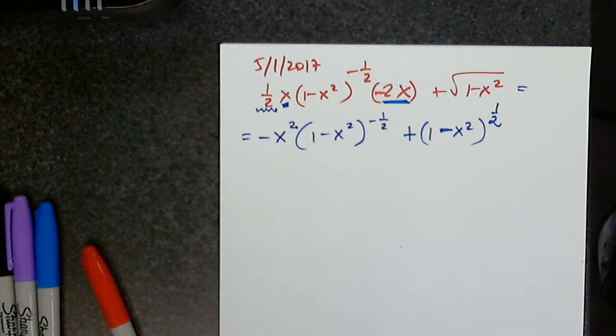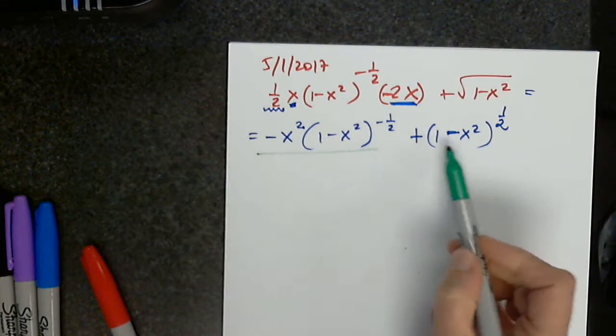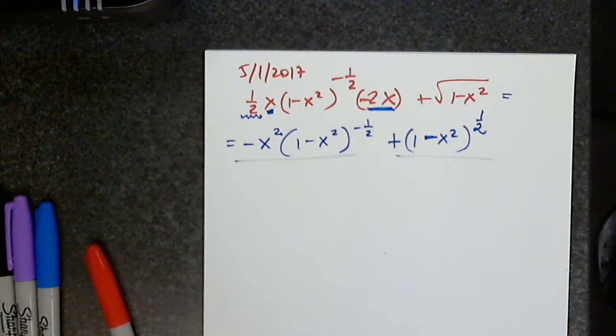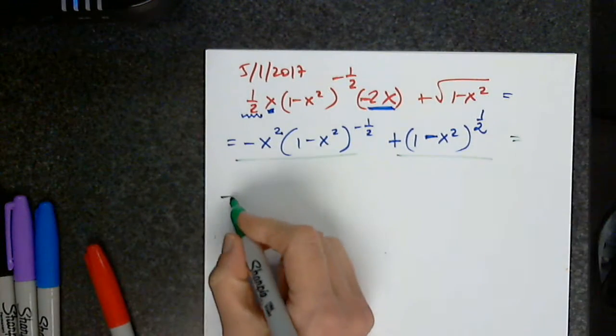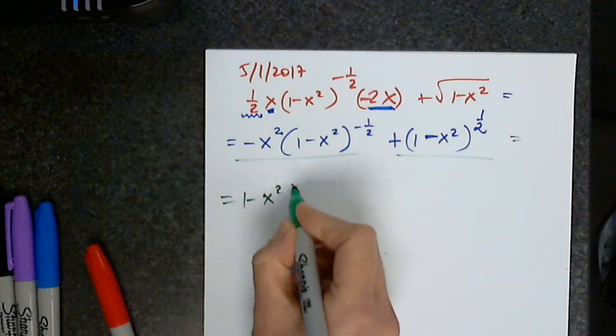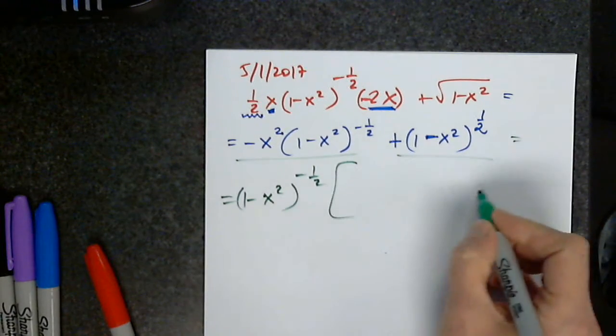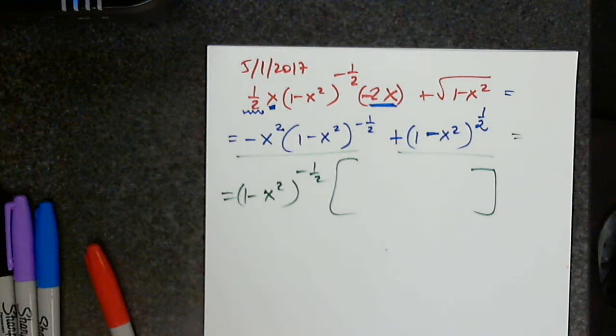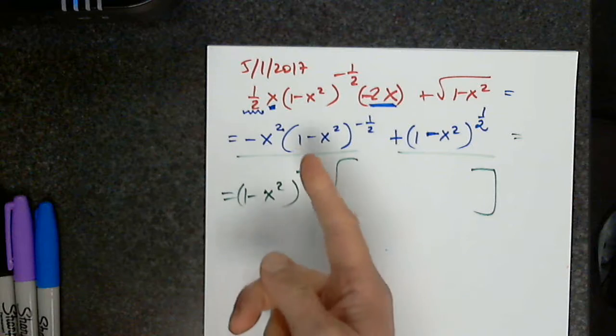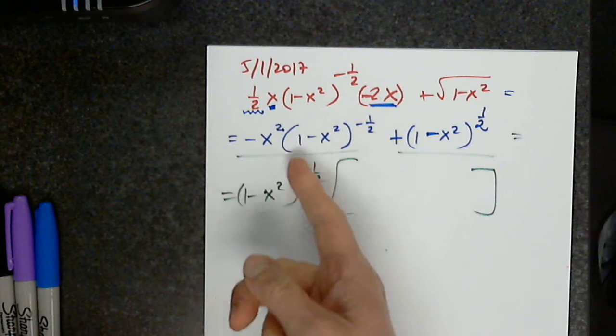Then I realized that these two terms have a common factor, and the common factor is (1 minus x squared) to negative 1/2. I have to choose the smallest exponent. So from the first term, this entire quantity is out.